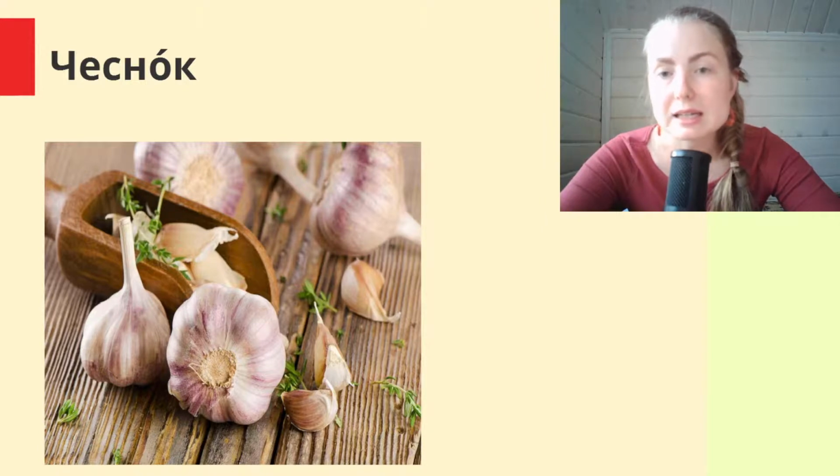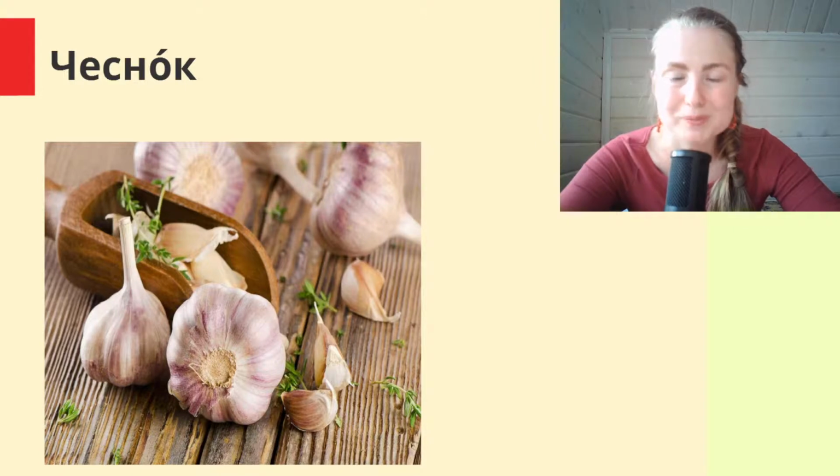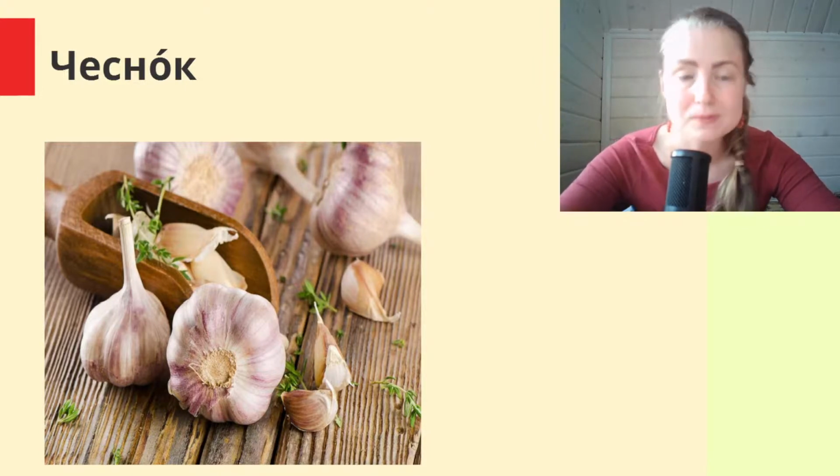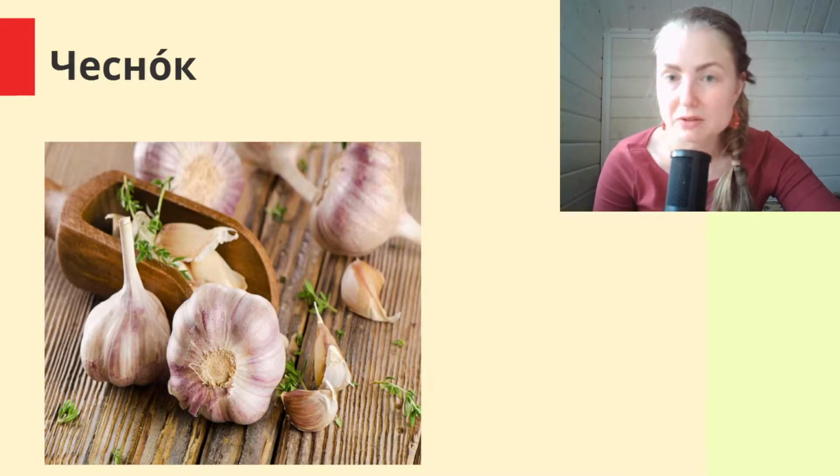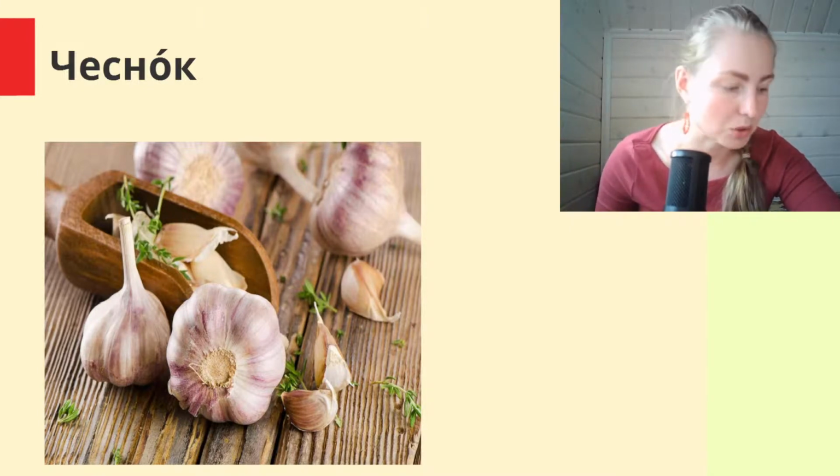If the letter E doesn't have an accent like here, we pronounce it like I. Чеснок doesn't have a plural form in Russian.